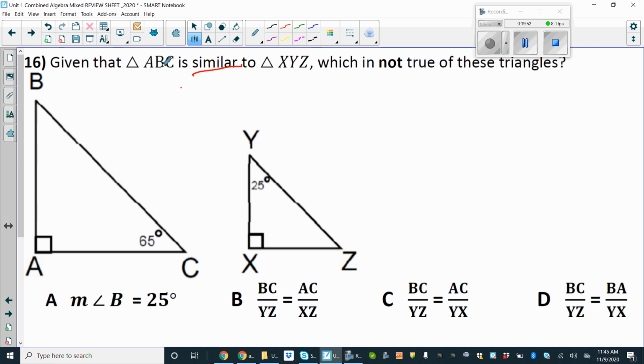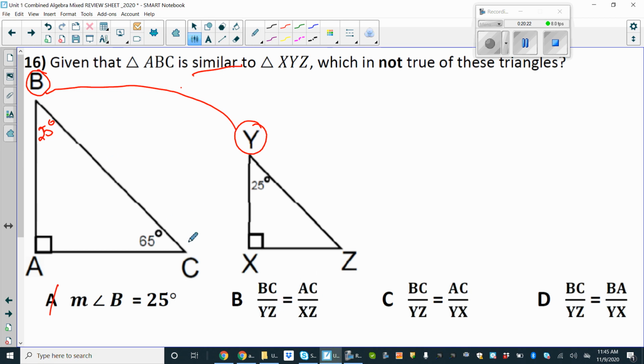And the minute they tell us that two triangles are similar, we know that their corresponding angles are equal. Corresponding angles means they're in the same spot, same location. So Y corresponds with B. So if Y is 25 degrees, B is 25 degrees. So therefore, that's out.